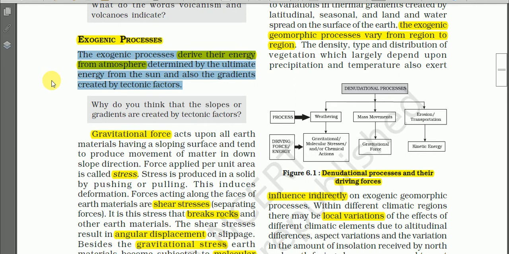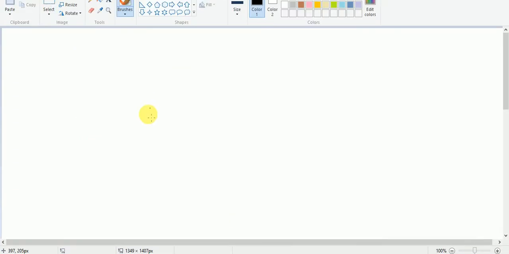Because of differential heating of the earth surface, there may be pressure differences.